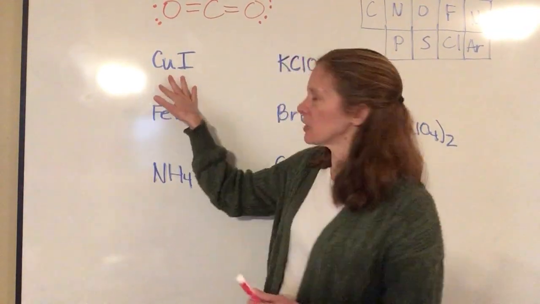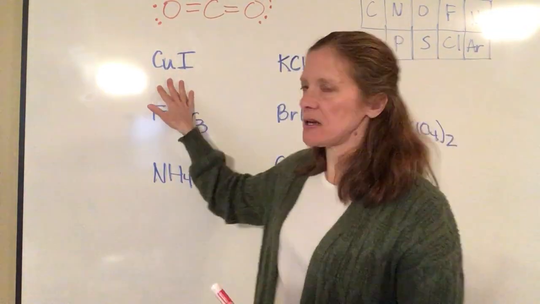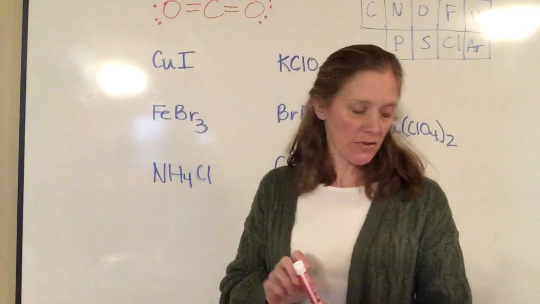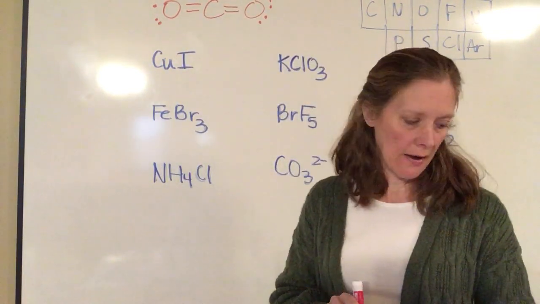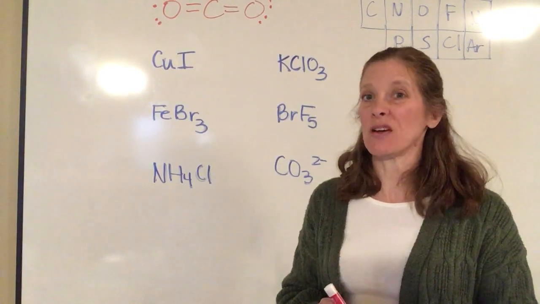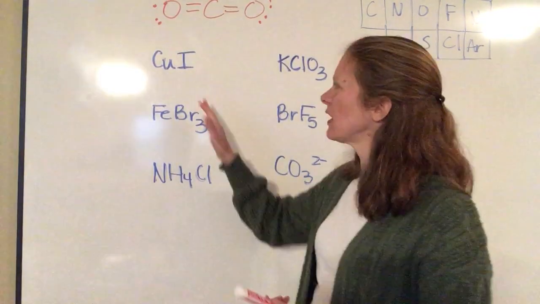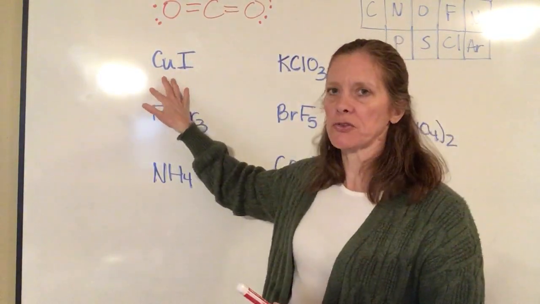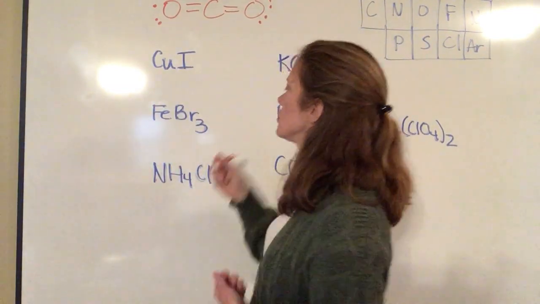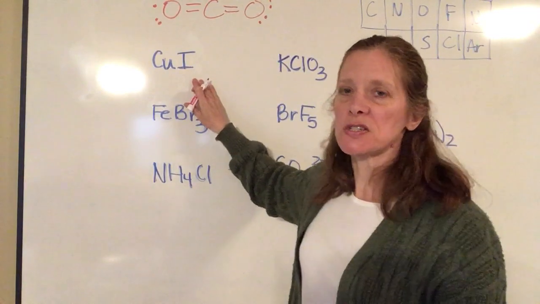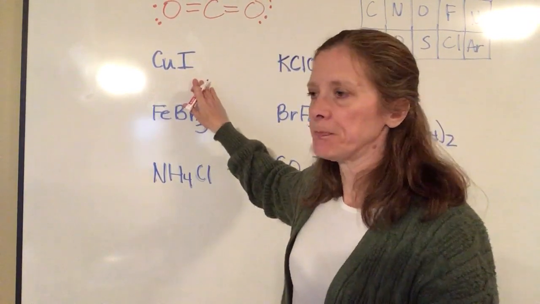Okay? We're going to start with something like copper iodide. Most of the time, a group 7A element is going to have an oxidation state of -1. And you're already familiar with transition elements like copper, which we don't always know what the charge on them is going to be. So with oxidation states, generally you have to go by the general rule.